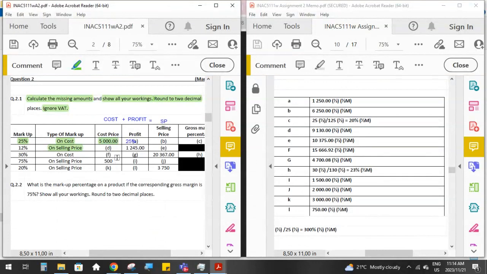So if we take our sum, cost plus profit equals selling price, we are going to have 100% of the cost plus 25% profit, because profit is 25% of the 100% base, which is going to be the cost, which means our selling price is going to be 125% of the cost. And our cost in this example is going to be 100%.